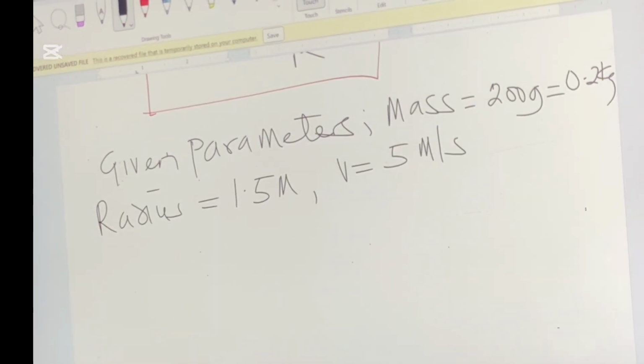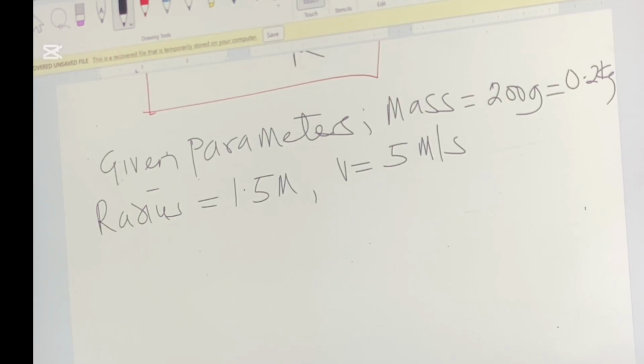Now class, whenever you are given any question in physics, the first thing you have to do is to list out the parameters. If there's any need for conversion, you convert the parameters. After then, you can write down the formula needed and apply the condition. Please take note, okay?